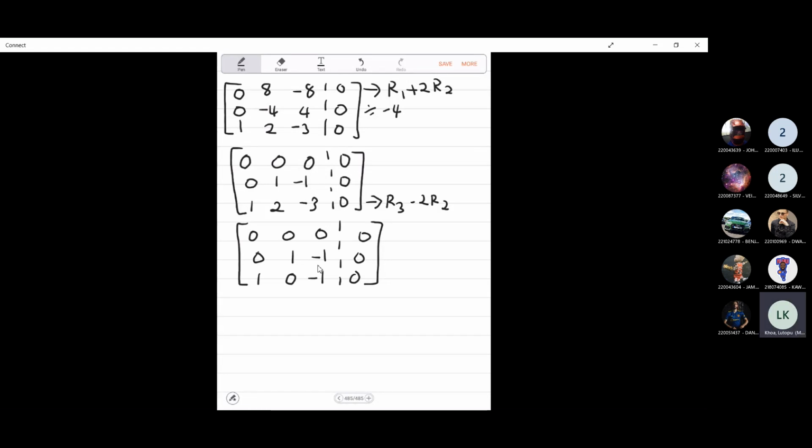Oh, let me see if I would say this row 2 minus that one. The 1 minus 0 is 1, and then this minus that is 0. Oh, okay, no, I see why.